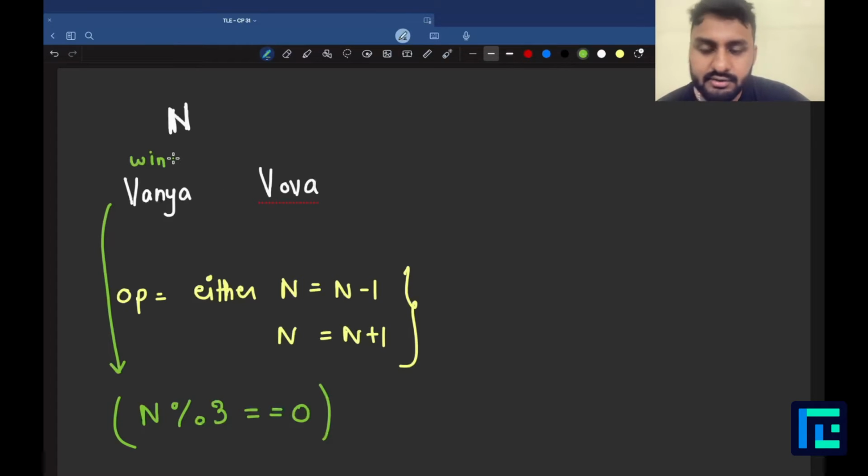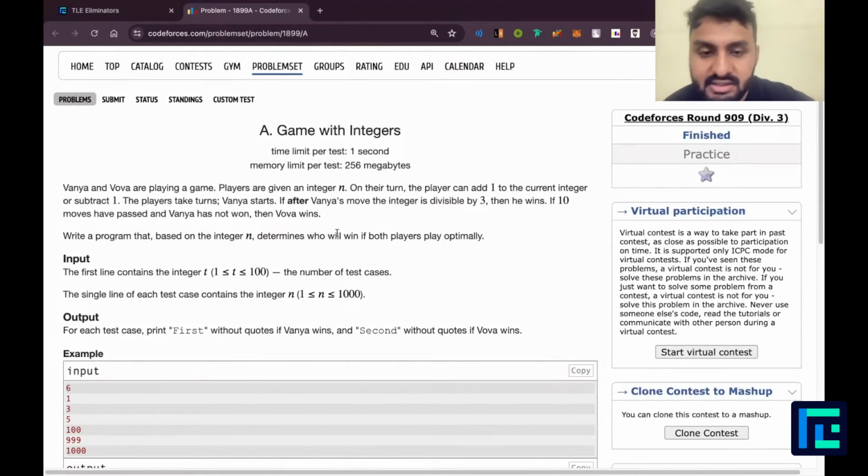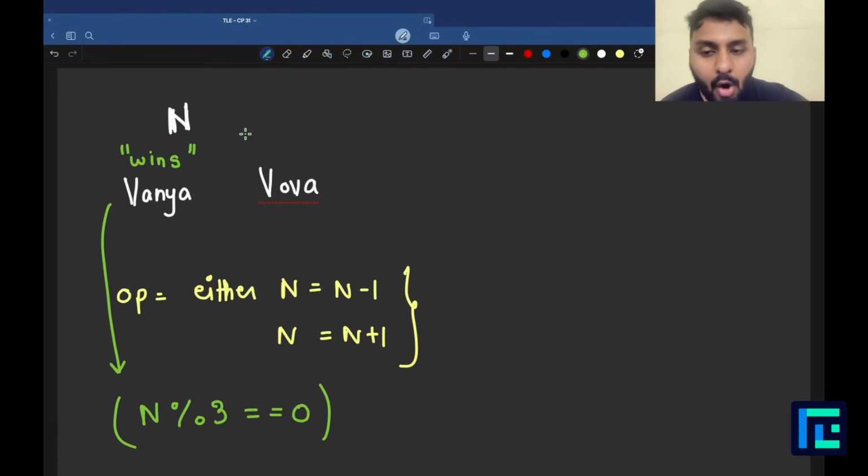He's the winner. But if Vanya is not able to do this change in above 10 turns, as in he has 10 turns, but if 10 moves have passed and he has still not won, then automatically I'll crown Vova as the winner. I'll say Vova is the winner.